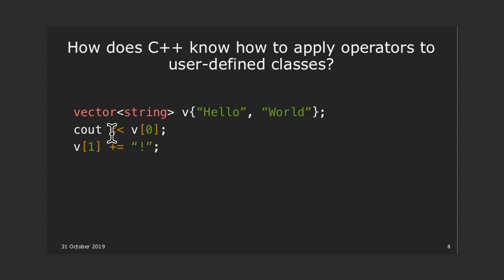Similarly for plus equals, what does it mean when you're accessing an element here? So here it's a string. What does it mean to have a string plus equals some other string? Yeah, appending. So whoever wrote the string class said, the plus equals here means append.